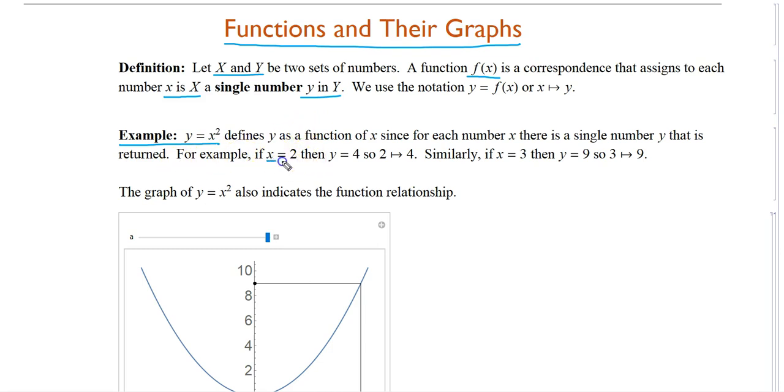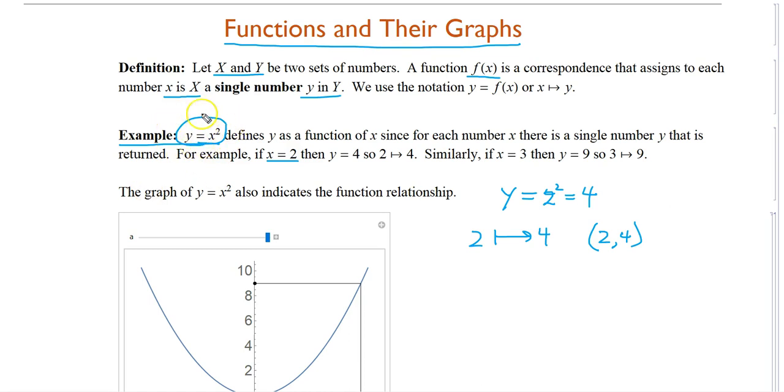So for example, if x is 2, you put 2 in for x, and you get back that y equals 4, 2 squared. In other words, 2 is mapped to 4 under this function, or we can say the point (2, 4) is on the graph of this equation y equals x squared.